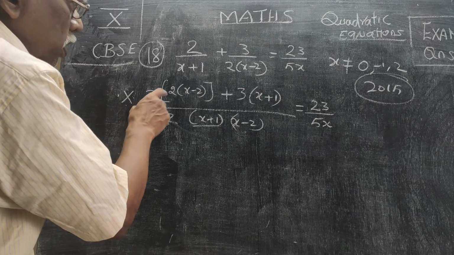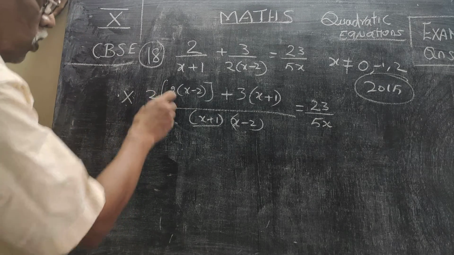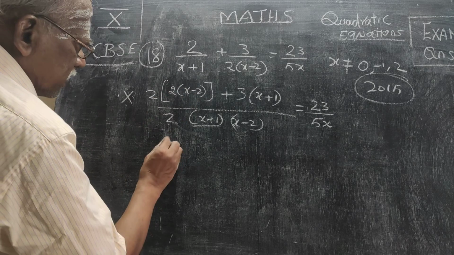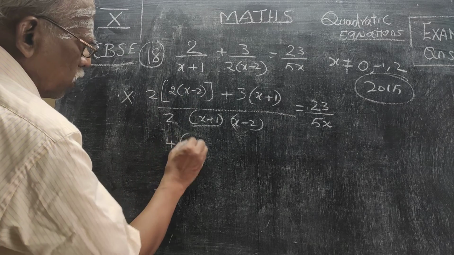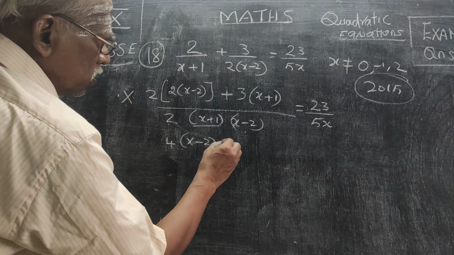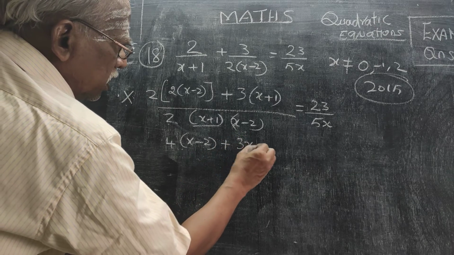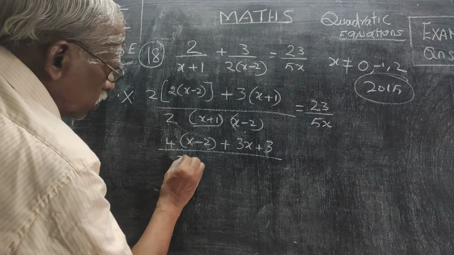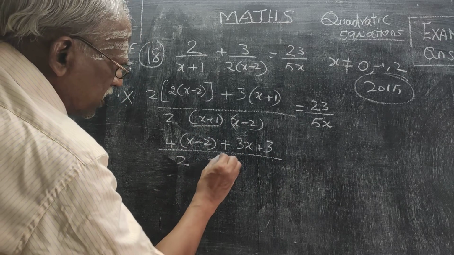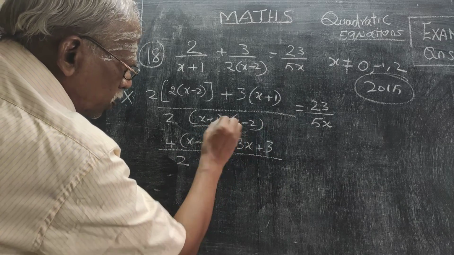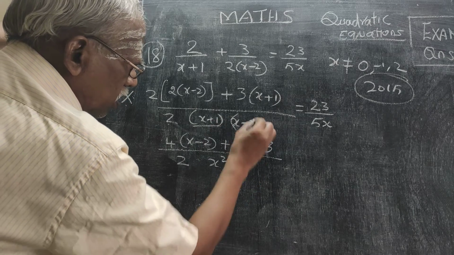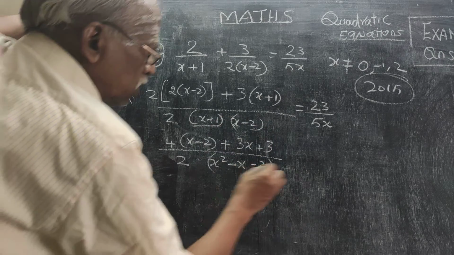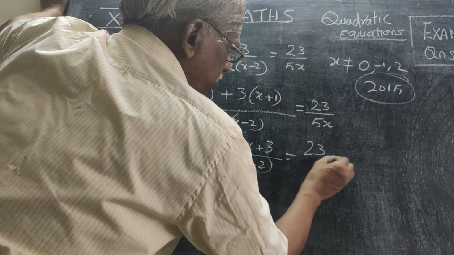Now 2 into this part, 2 into 2 is 4, 4 into x, or let me do one more step, 4 into x minus 2, and this is nothing but 3x plus 3 divided by 2 times of the multiplication of this, x square minus 2x plus x, therefore minus x, and 1 into minus 2 is minus 2, which is equal to 23 divided by 5x.